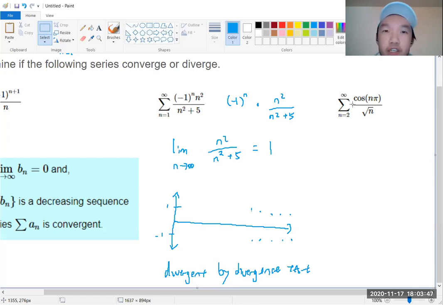Certainly doesn't look like it. What do you guys think? Is this an alternating series? Don't think so. Yeah. I think it is.